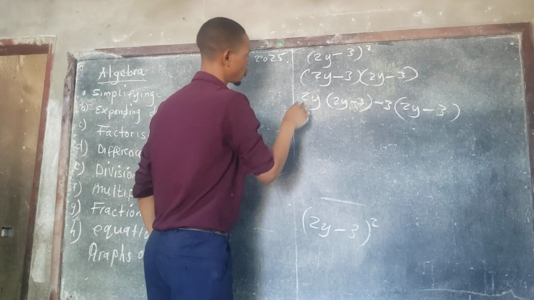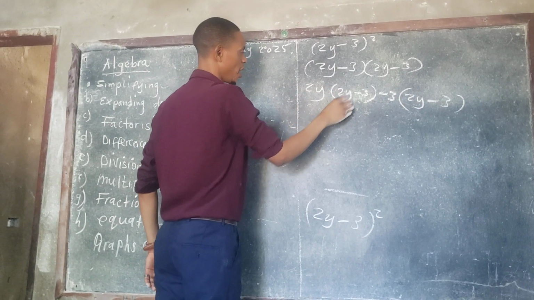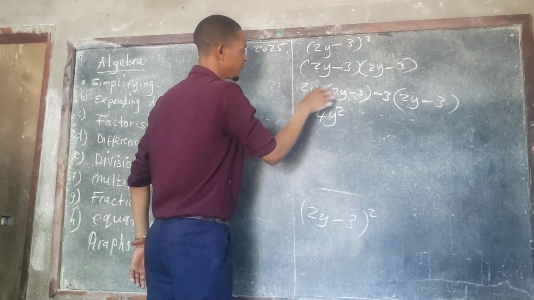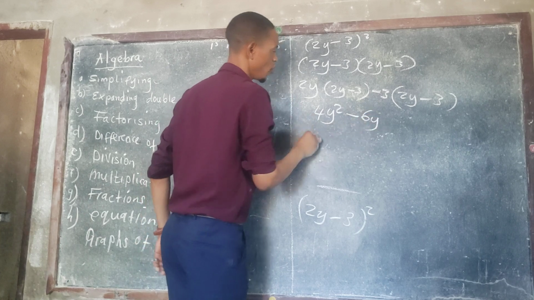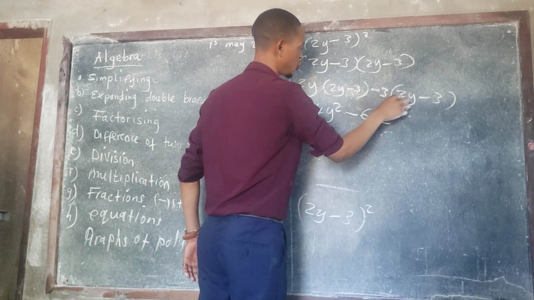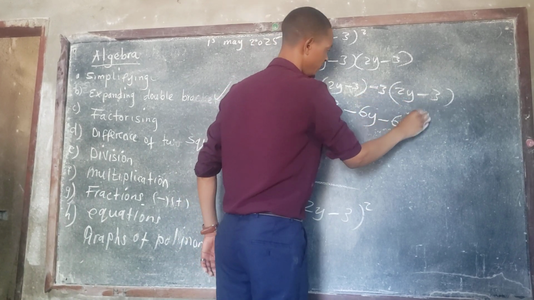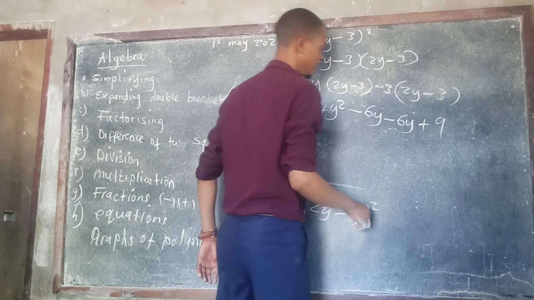Next is to multiply. 2 by 2 gives me 4, y by y is y squared. Then positive times negative is negative: 2y by 3 gives me 6y. Negative by positive is negative: 3 by 2y, that is 6y. Negative by negative is positive: 3 by 3 is 9.